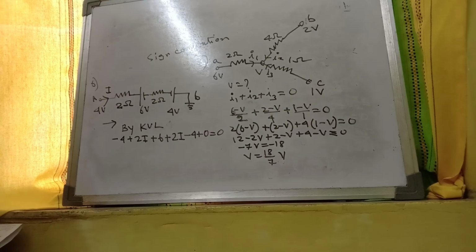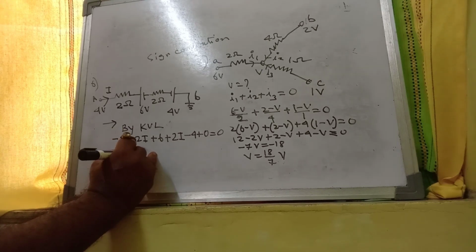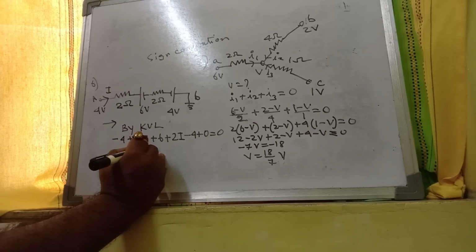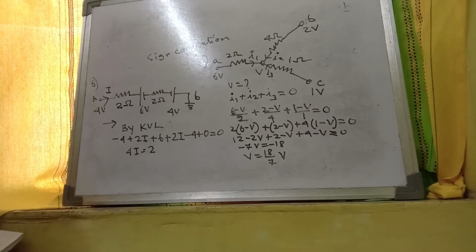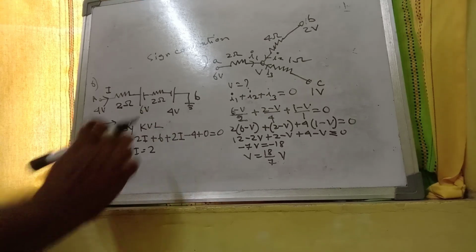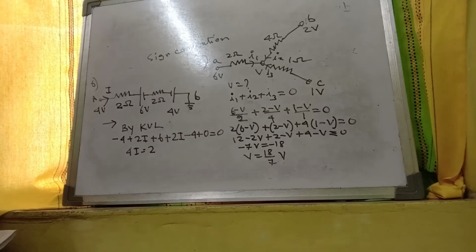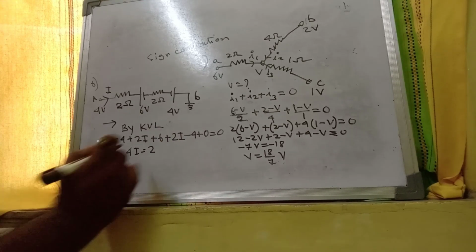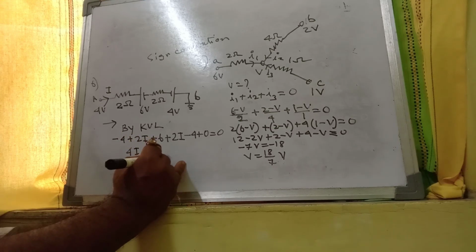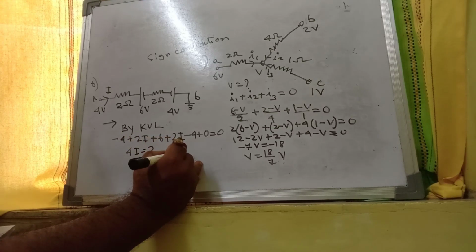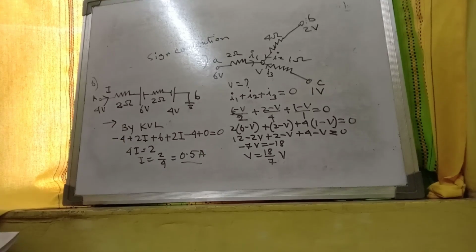So 2 plus 2, 4i is equal to 2. So minus 8 plus 6, so minus 2, so 2 goes there. So your I comes 2 by 4 or 0.5 ampere. So that is the value of I.